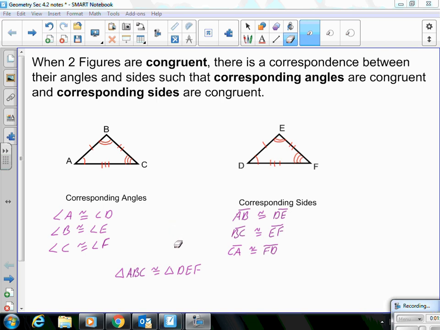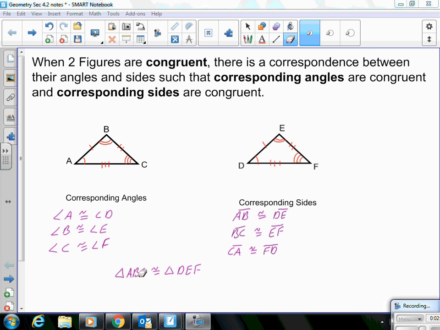Now, one key thing to recognize when we start comparing triangles and other figures being congruent to each other: when I say that they're congruent to each other, the order that the name of each figure is in matters. Right?